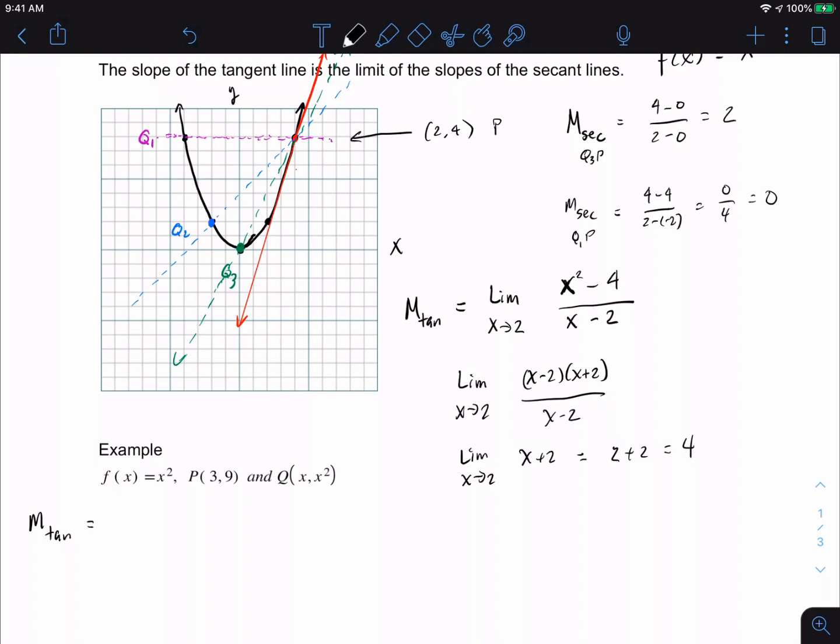What number are we approaching? Right, so it's the limit as x approaches what number? 3. It's approaching 3. Perfect. Now, it's going to be the function, the y value. So the y value in q is what?